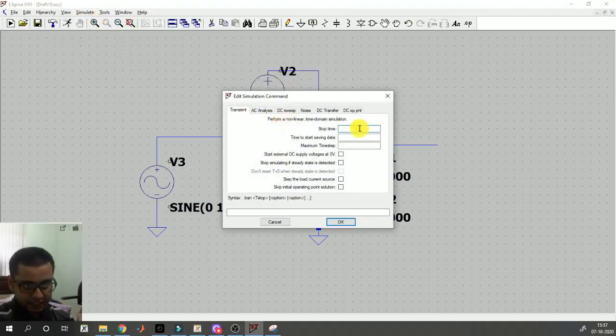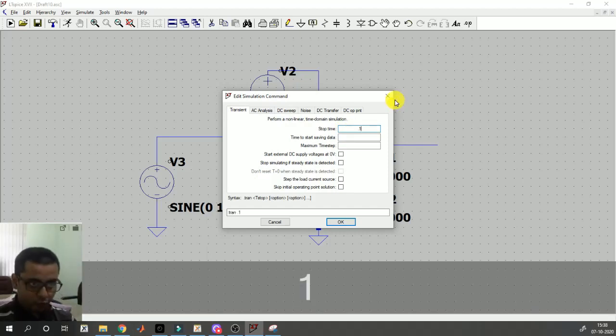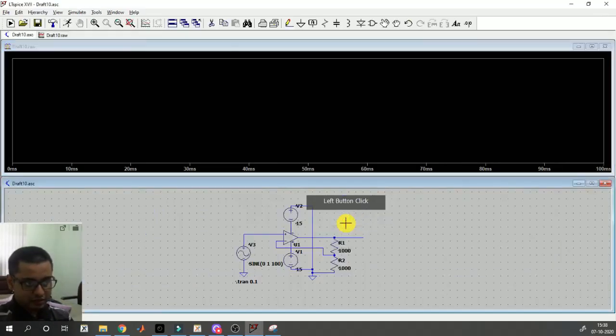Then in the transient I will set the duration of my simulation. So let me select this time as 0.1 second. Okay, so now this circuit is ready to be tested.